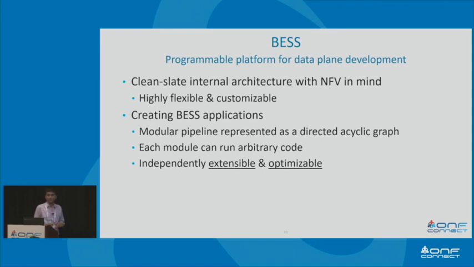Each submodule can run arbitrary code, and each module is extensible and optimizable. We can hack into the modules independently, without caring what other modules are linked up. We can focus only on the module that we want to optimize, and it's very easy and developer friendly in that way. I'll explain that in the following slides.